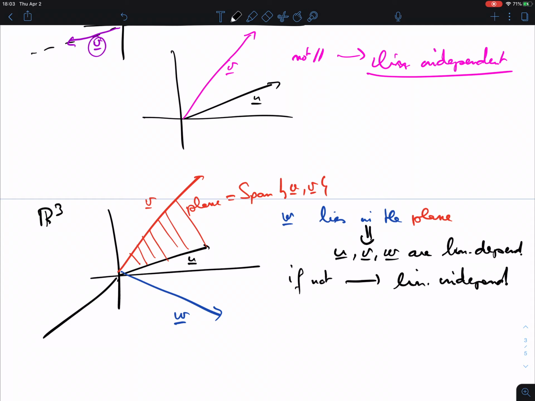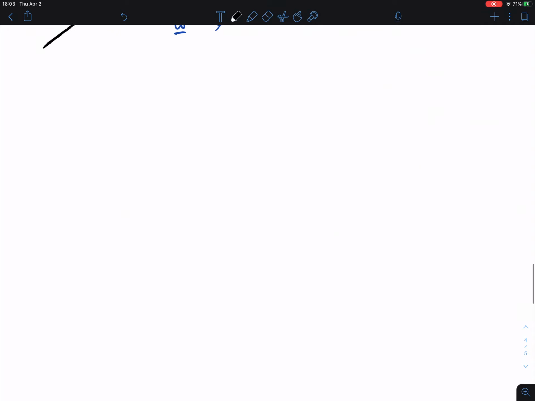Okay, and so next time we will talk. So perhaps one thing I should mention, this might not be entirely clear, but suppose we have in Rn vectors v1 up to vm. Okay, and m and n don't need to be the same here.